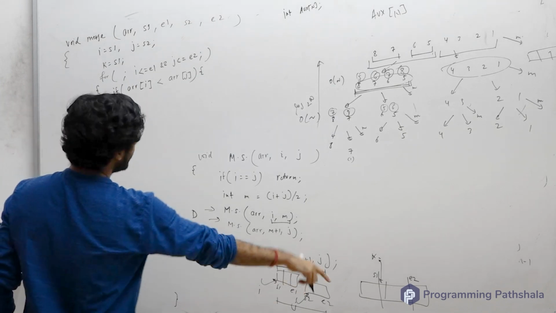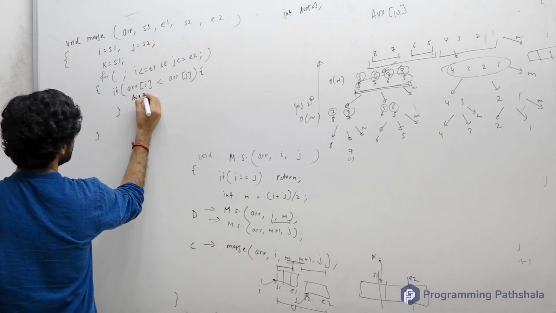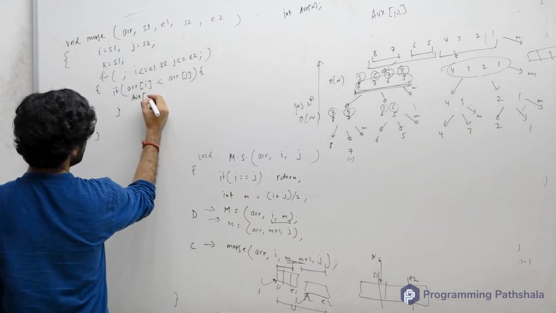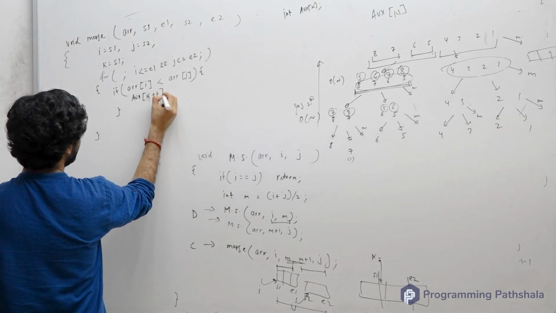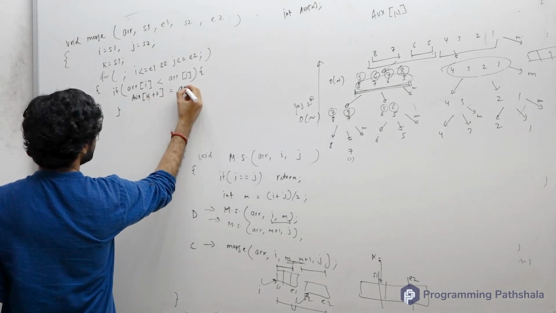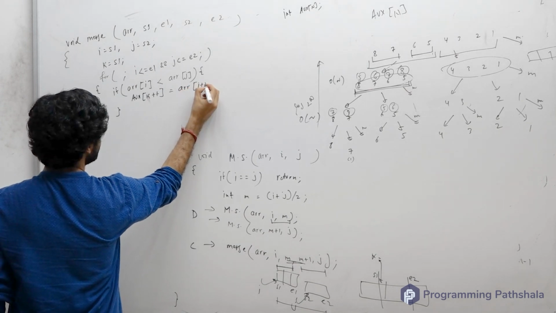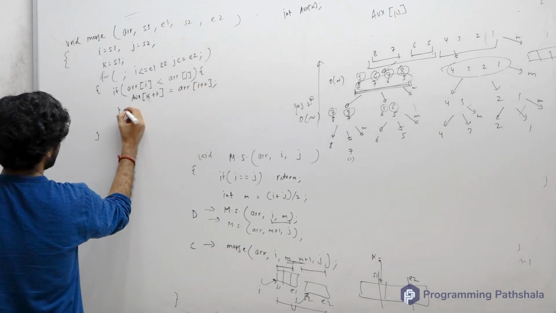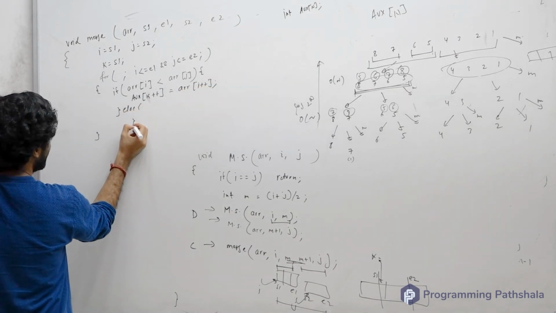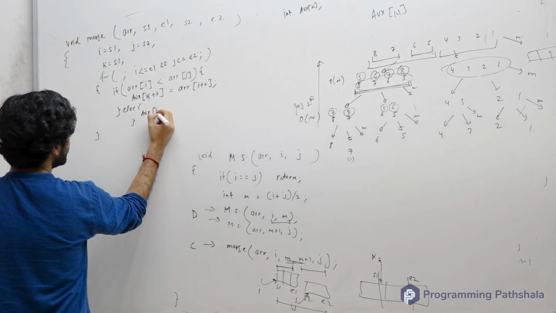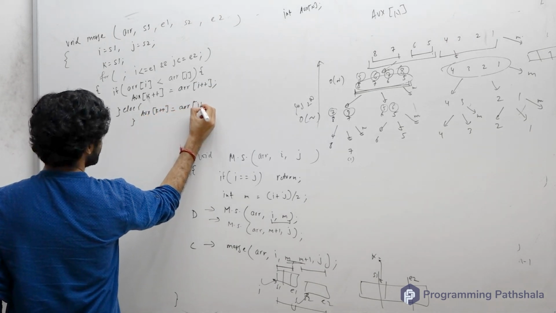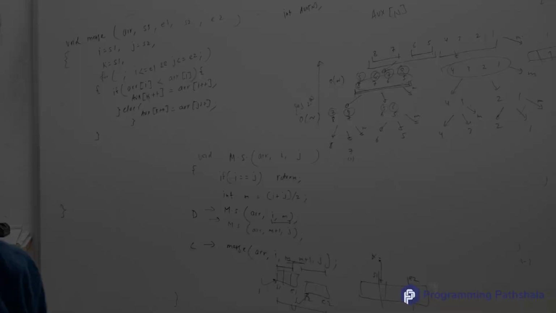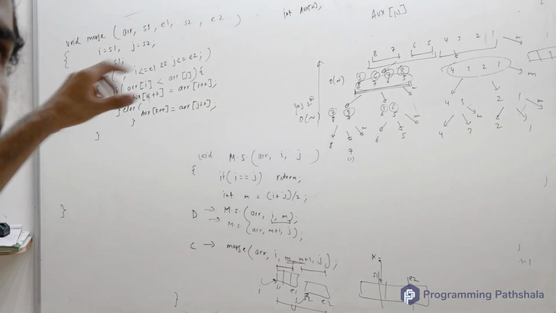Then in my auxiliary array at index k, I'll write auxiliary of k++ equals array of i++. Else I'll do auxiliary of k++ equals array of j++, right? Okay, but is just this much enough?